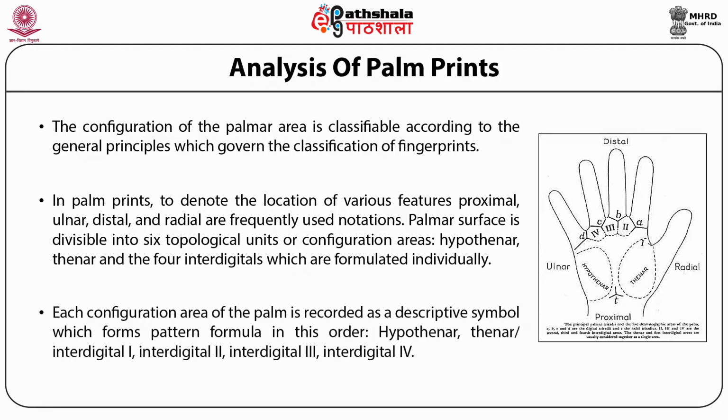Each configuration area of the palm is recorded as a descriptive symbol which forms the pattern formula in this order: hypothenar, thenar or interdigital first, interdigital second, interdigital third, and interdigital fourth.